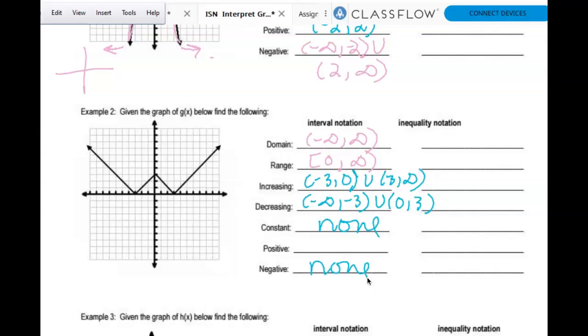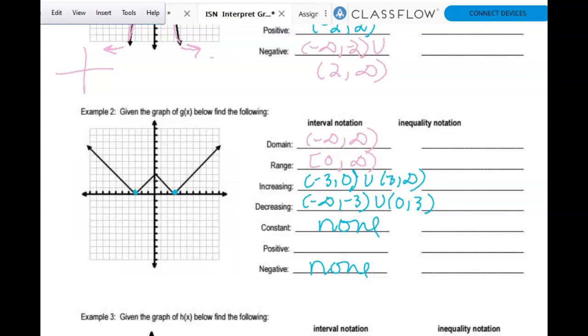The positives. Now, first of all, I want to know, is the whole entire thing positive? No. What is not? There's two places that are not positive. What did we say? If it touches the x-axis, is that positive or negative? So this point right here and this point right here, they're not positive.